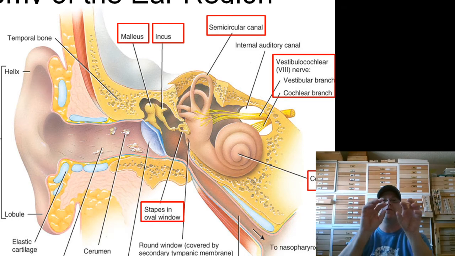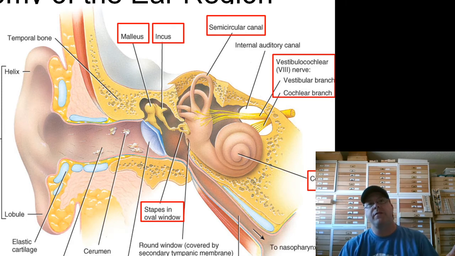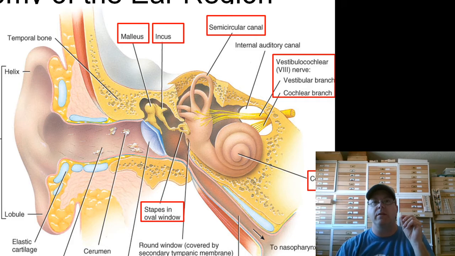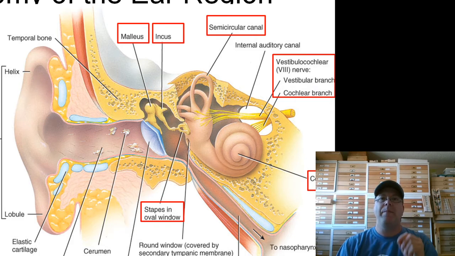So these bones are going to be vibrating and transferring that mechanical sound wave through the middle ear. In fact, if these bones are vibrating when there's no sound wave, sometimes they can vibrate on their own, then that's when you get a ringing in your ears.